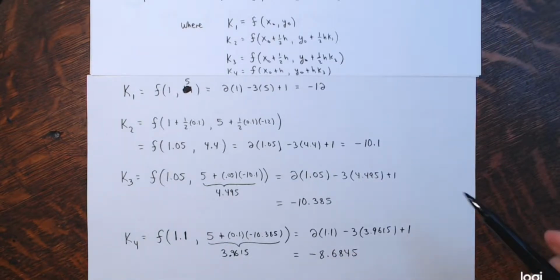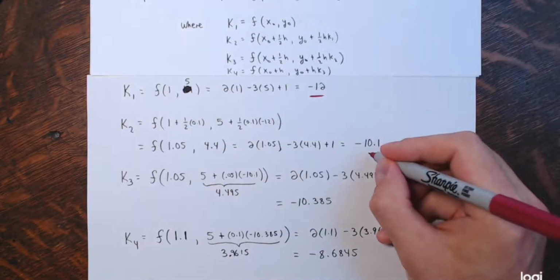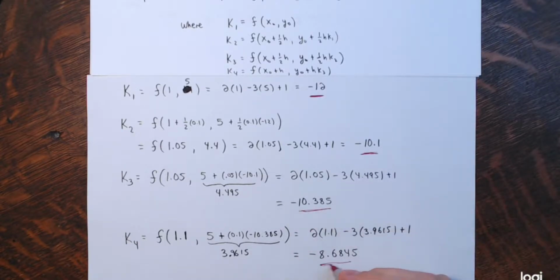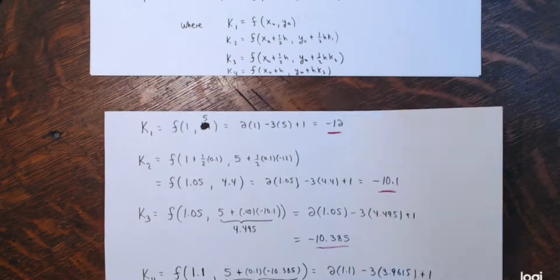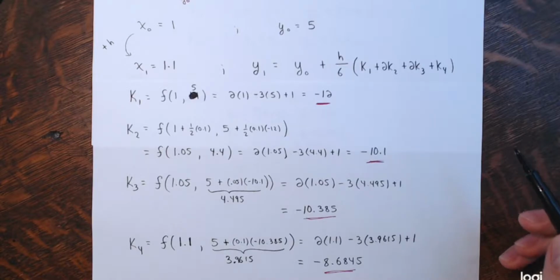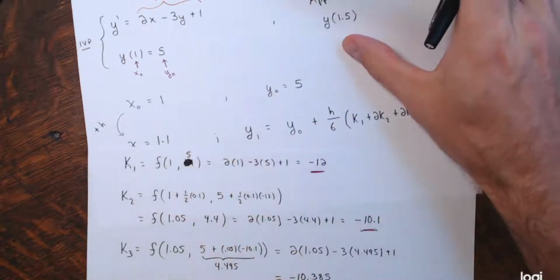Alright, and now that I have K1, negative 12, K2 is negative 10.1, K3, K4, and I know H and Y0, we can now find Y1, which will be the approximation of the solution Y at 1.1. Right.